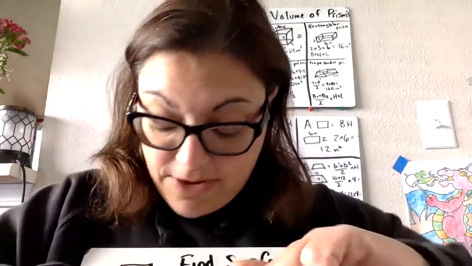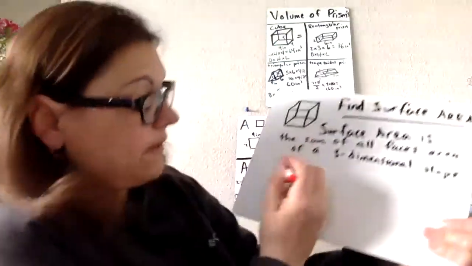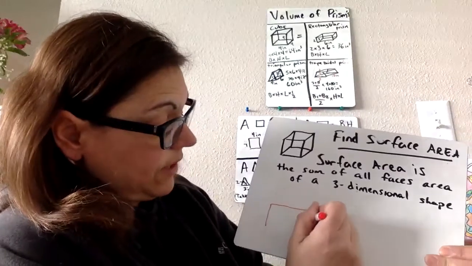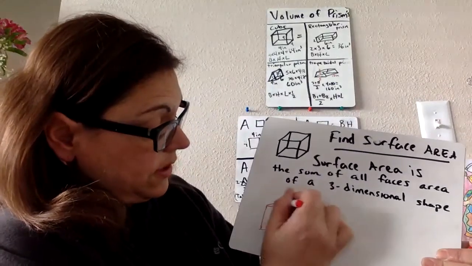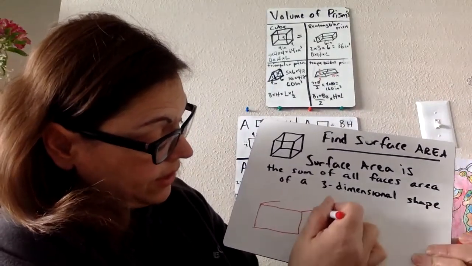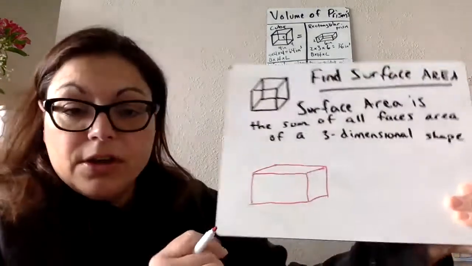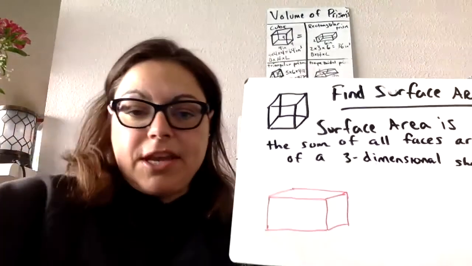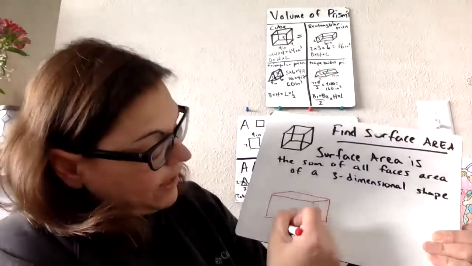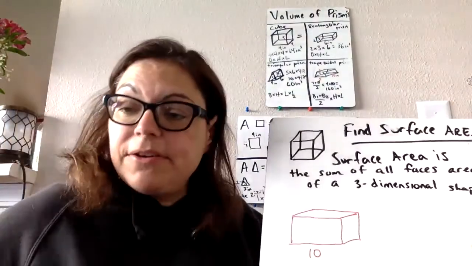Okay, so if I have the surface area, we have a cube here, or I'll just do a rectangular prism and make it look like our Kleenex box. Okay, so there is my 3-dimensional shape. I have a Kleenex box. I'm going to say it looks like it's 10 inches on its base.